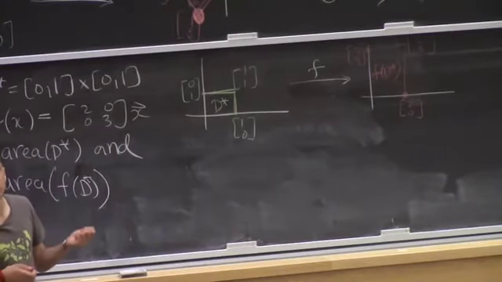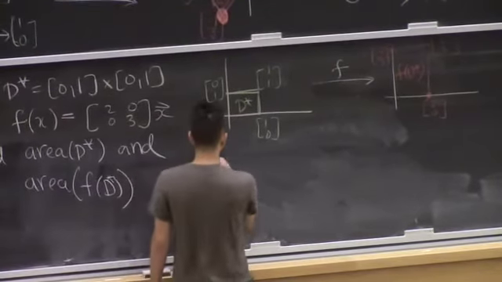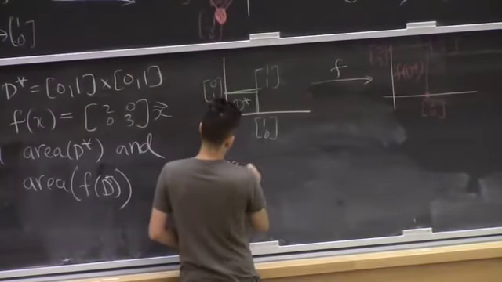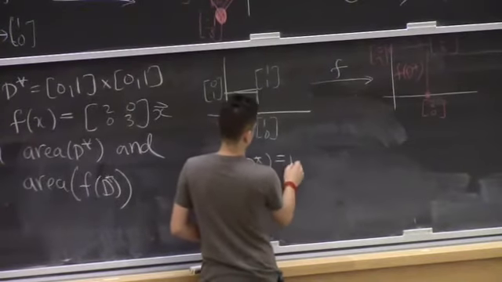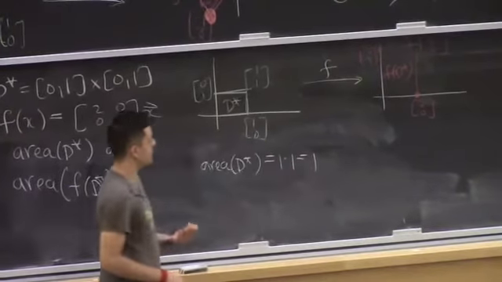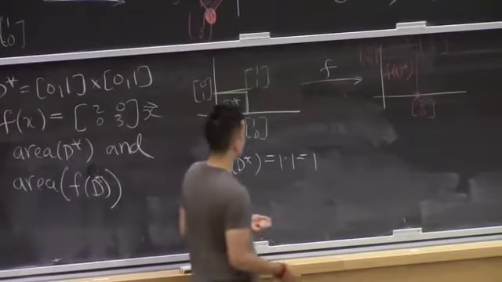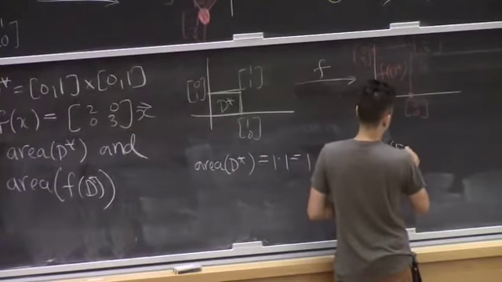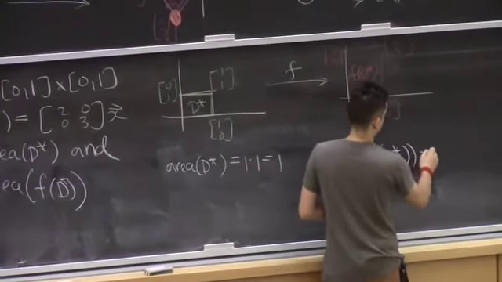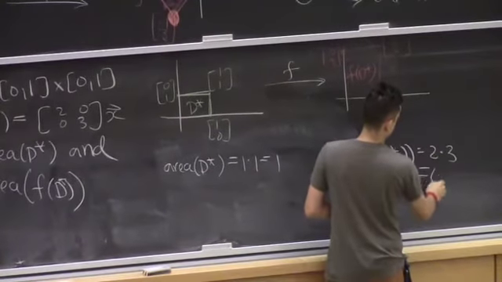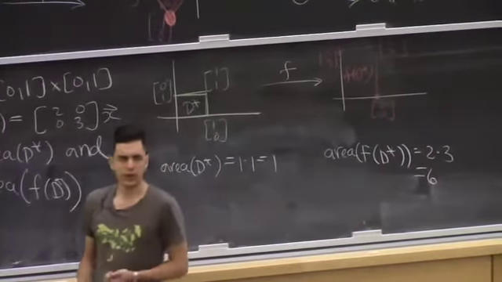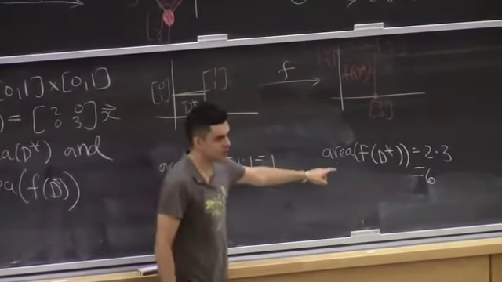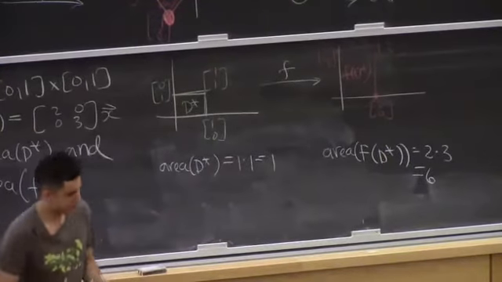And we see that there's been some change in area. So the area here will be 1, and the area over here will be 6. Okay, so when we apply this map, there's some kind of stretching that enlarges the area of our region.